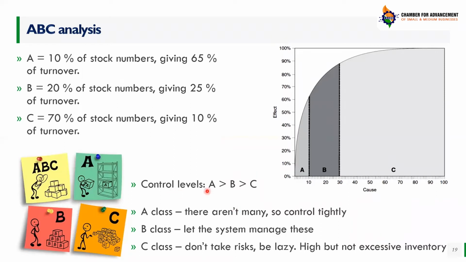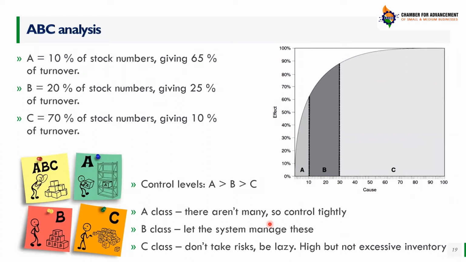So the control levels are like this: you should have bigger control on A, lesser control on B, and still lesser control on C. Class A items are not many. Just 10% of the stock is in class A, but they are giving higher turnover. So the number is not higher, so it's easy to control, and that's why you have to tightly monitor the inventory for class A items.